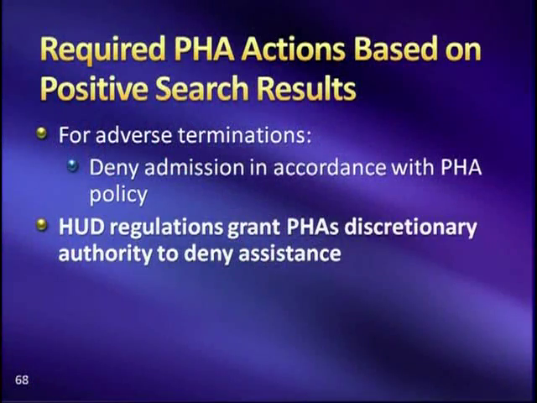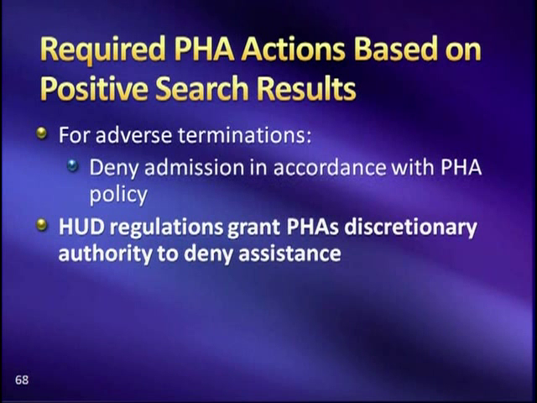Okay, so for adverse terminations, let's say she doesn't owe the Housing Authority any money, but the Housing Authority terminated her assistance for failure to do the re-exam, or she abandoned the unit. You're going to deny admission in accordance with your PHA policy.